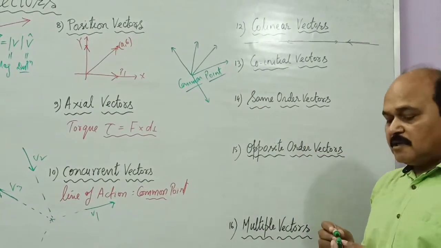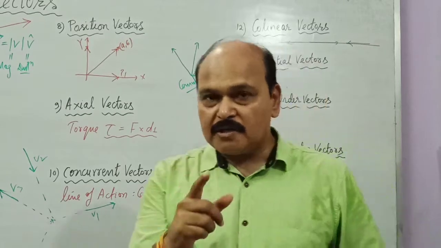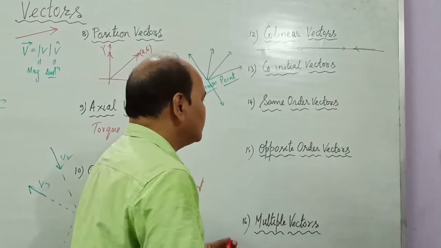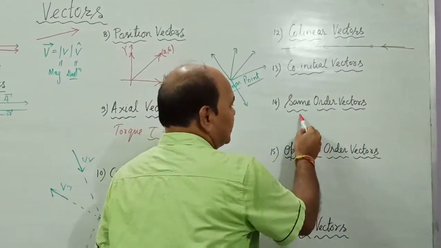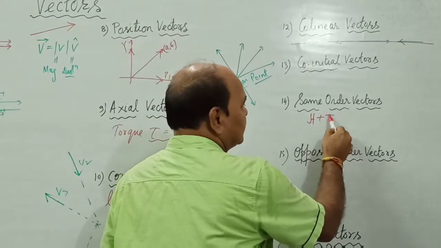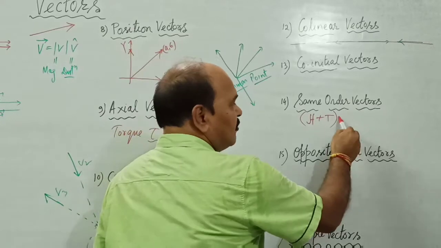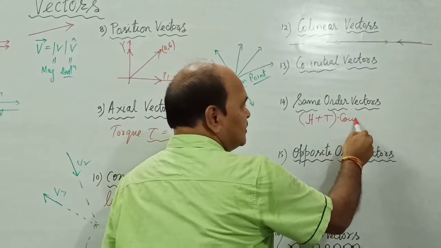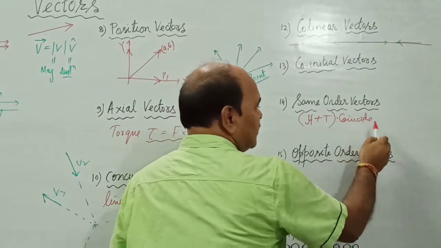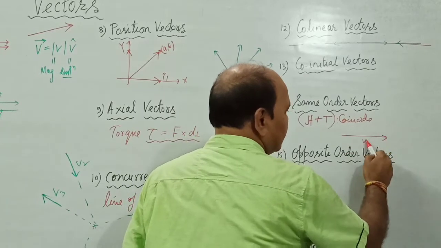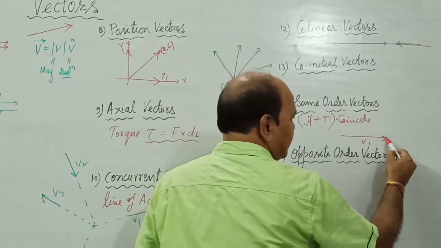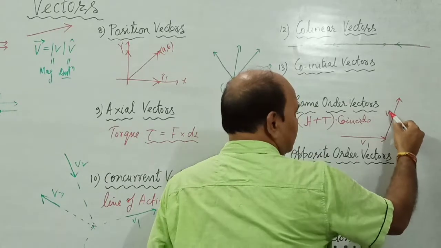Same order vectors. Vectors are said to be in same order when the head of a vector coincides with the tail of another. If the head of a vector coincides with the tail of another, we call them same order vectors. Like this is vector number 1, V1. If we start the second vector from here, this is V2.